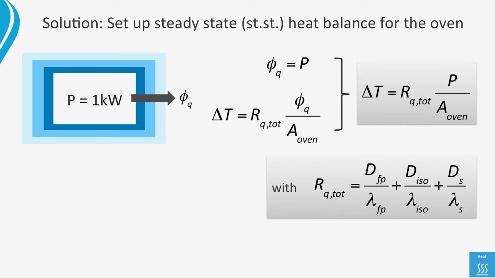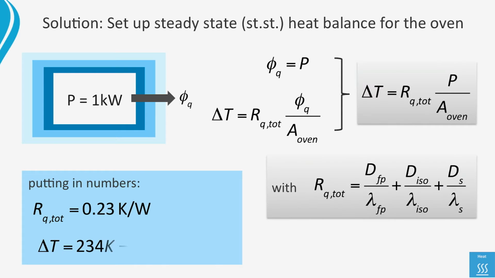Next, we use that the total resistance is equal to the sum of heat resistances. If we put in numbers, we find for the heat resistance 0.23 watt per Kelvin and compute for delta T 234 Kelvin. Thus, the inside of the oven has a steady state temperature of 527 degrees Celsius.